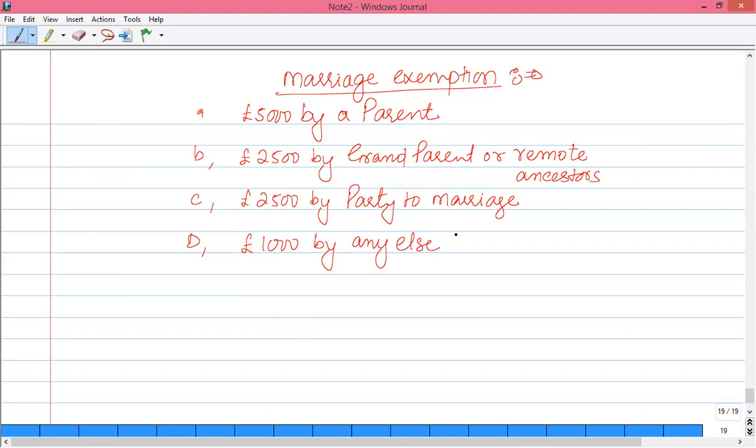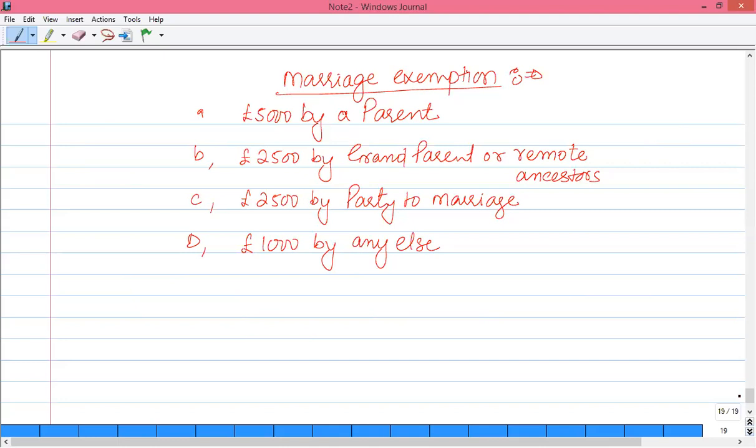So if 5,000 or more is given by parent to son or daughter, then up to 5,000 is exempt. Similarly, 2,500 by grandparent or remote ancestors, and 2,500 by party to marriage from bride to groom or groom to bride, and similarly 1,000 by anyone else.